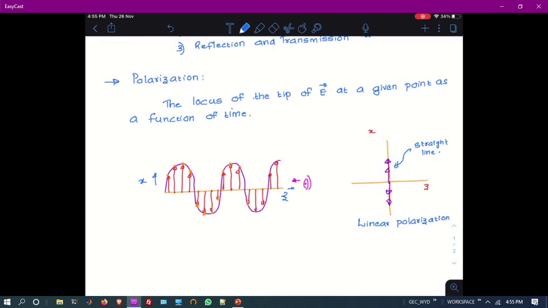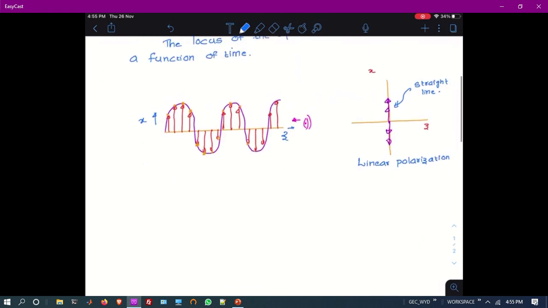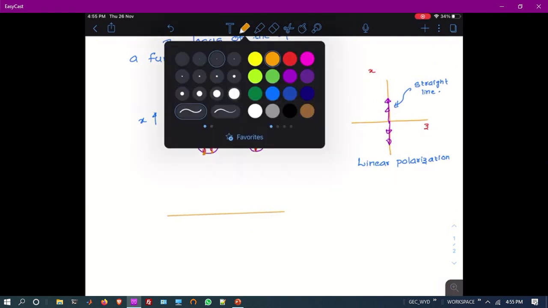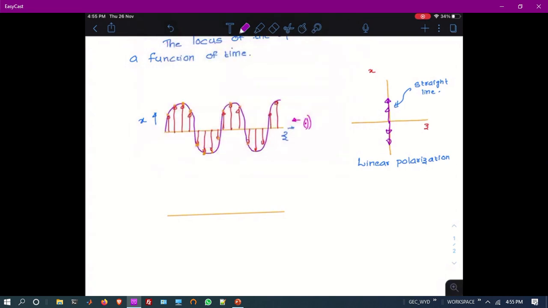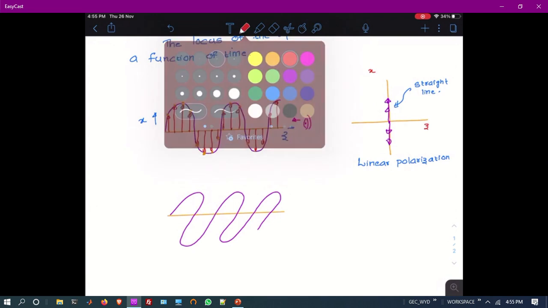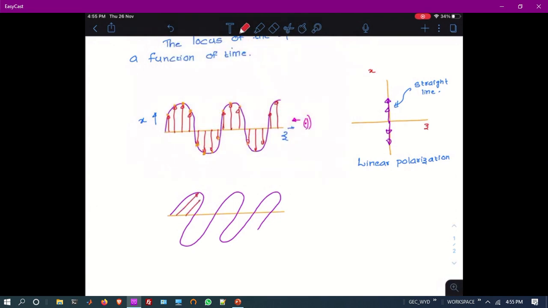Okay. So we said that the electric field can orient in any direction. It can always be perpendicular to the direction of propagation. Now I can have the electric field something like this. Let's say the electric field orients like this.